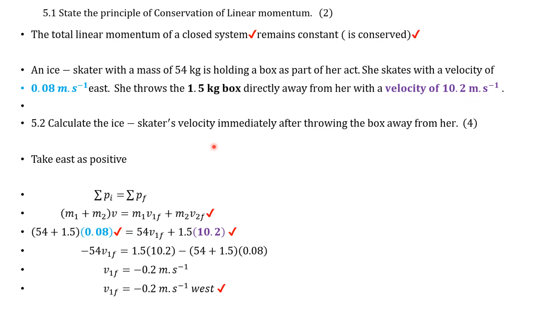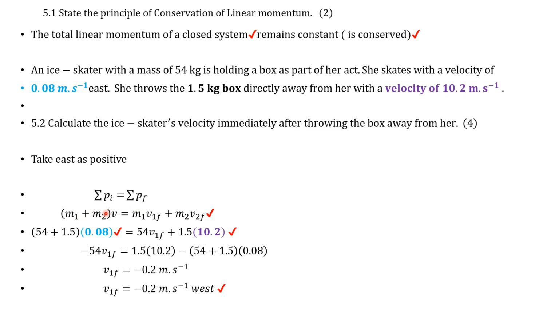To calculate, we first need to specify that we're taking east as positive, or to the right as positive. My sum of initial momentum must equal the sum of final momentum, so I'm using conservation of linear momentum.